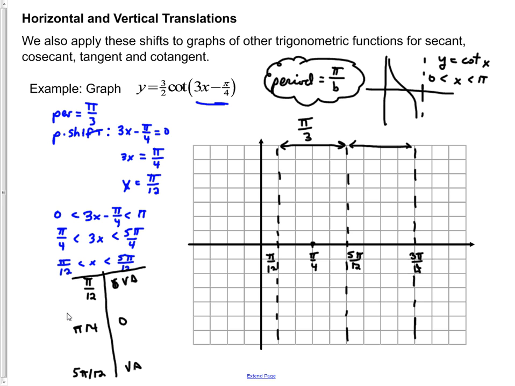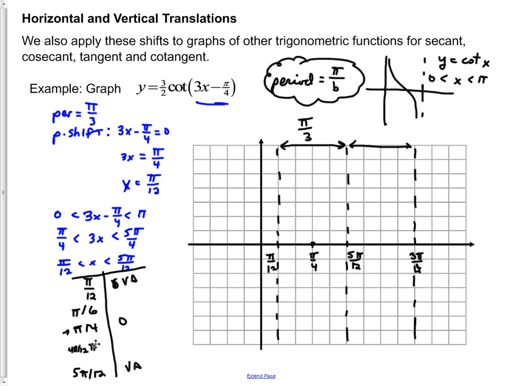If we go a quarter period to the left, pi over 12 plus 2 pi over 12, that's pi over 6. And then 1/4 period past pi over 4 is going to be 4 pi over 12, and that's going to reduce to pi over 3.